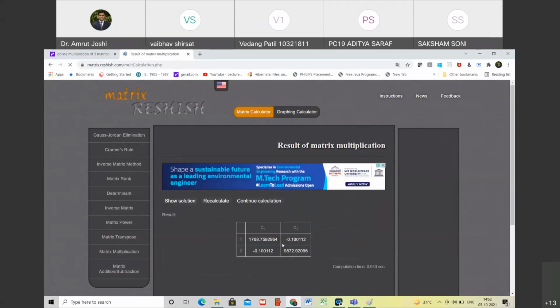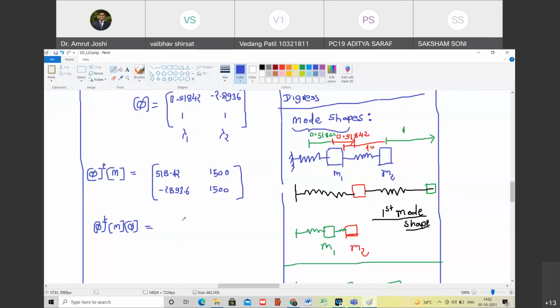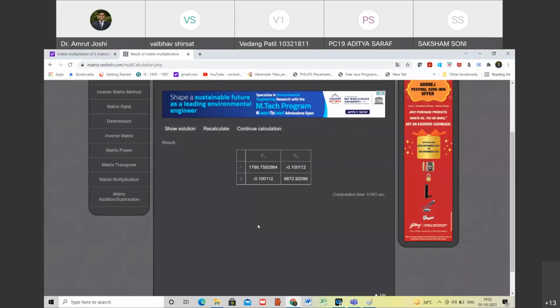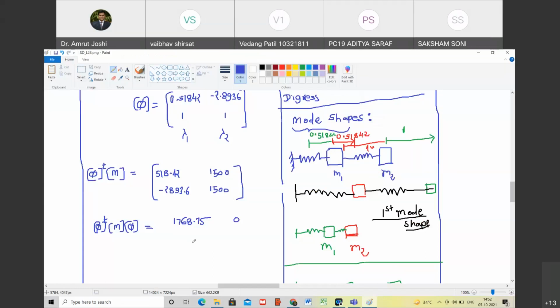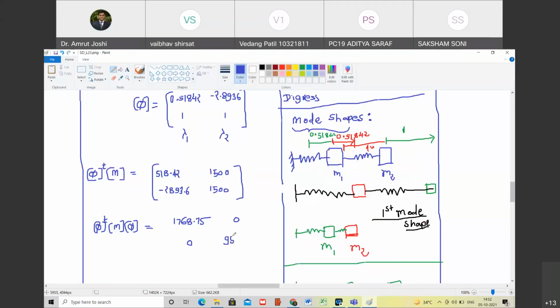So these off-diagonal values are 0. Are you with me? Yes. So 1768.75, then 0 and 0, and then 9872.92.